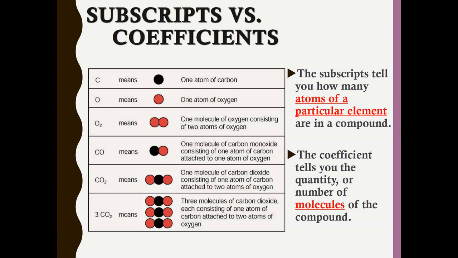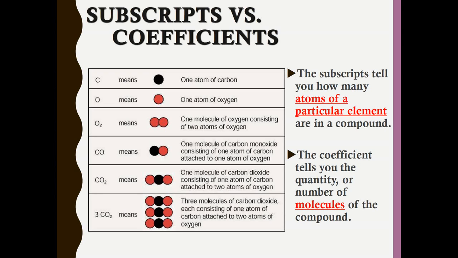Now if I have O2, it means I have one molecule of oxygen that has 2 atoms of oxygen in it. If I have one C and one O together, it says that one molecule of carbon monoxide has 1 atom of carbon attached to one atom of oxygen. If I have CO2, it tells us that one carbon is attached to two atoms of oxygen.